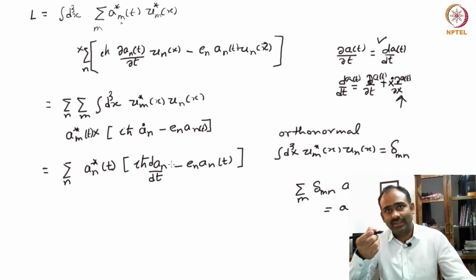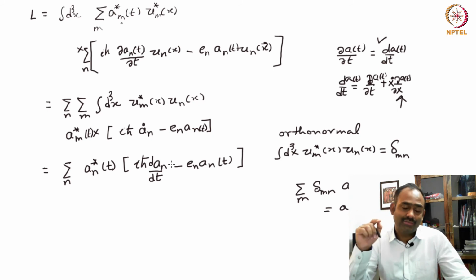Now, I would like to construct the Hamiltonian, and if you recall how the Hamiltonian is related to the Lagrangian, it is p q dot minus L. So I have to construct first the momentum conjugate to the dynamical variables a. That is what I am going to do.